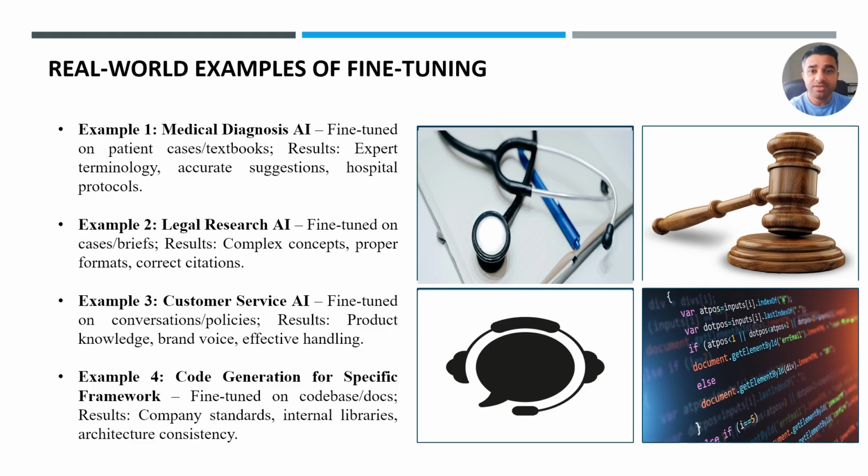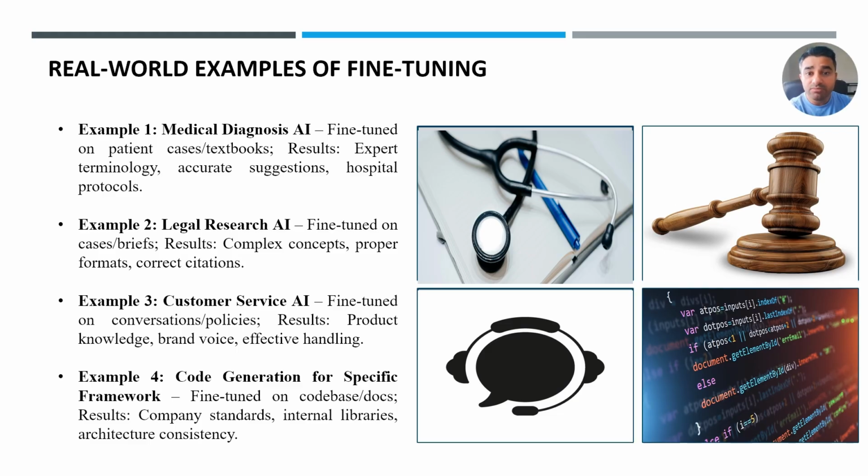Let's take the example of customer service AI. An e-commerce company wants an AI chatbot to handle customer inquiries. Base model: a general conversational AI that can chat but doesn't know about the company's products or policies. With the fine-tuning process, the company fine-tunes the model on thousands of past customer service conversations, a product catalog with detailed specifications, the company's policies on returns, shipping, and warranties, brand voice guidelines, and approved responses.